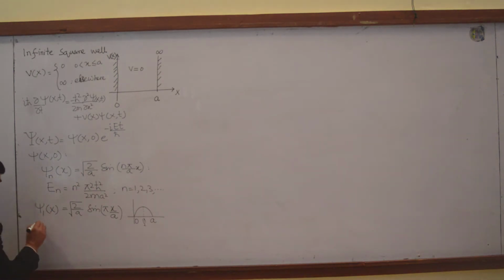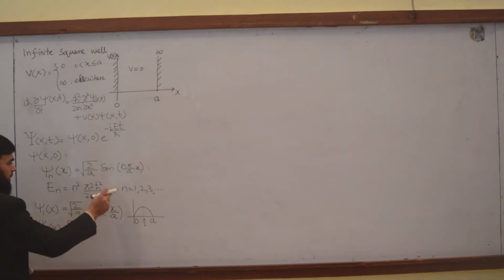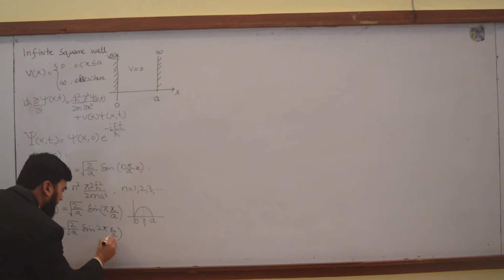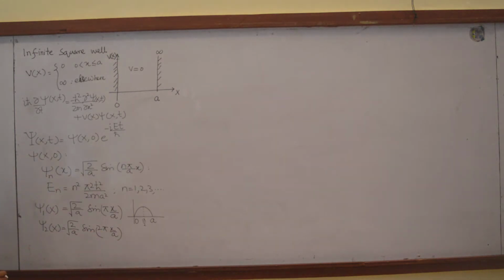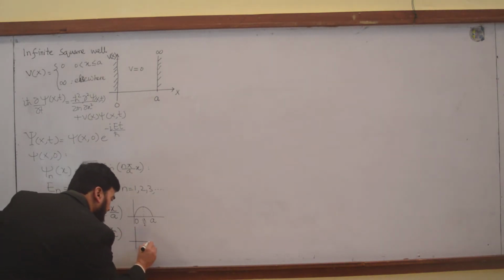If I write psi 2 of x, then it is 2 over A and sine, with n equal to 2, so it is 2 pi x over A.